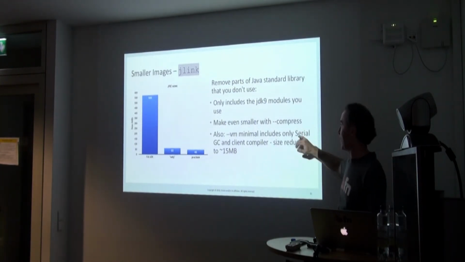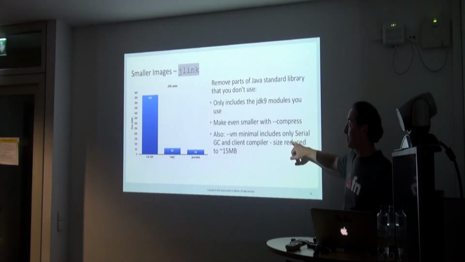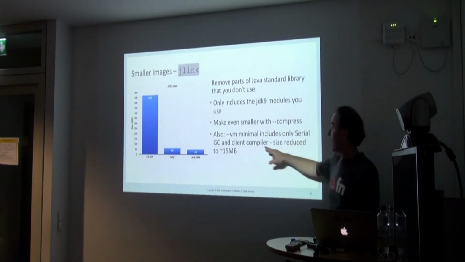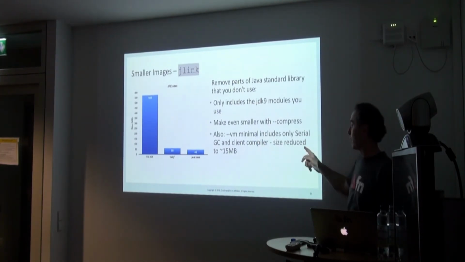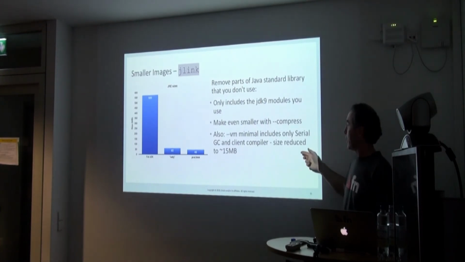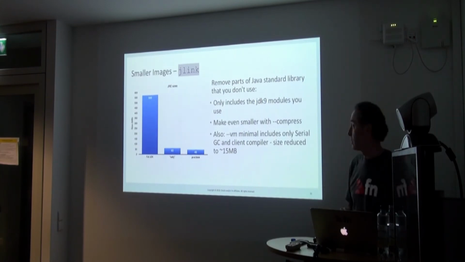I'd rather trade space for time. You can also strip down the VM even smaller by kicking out extra GCs. There's one compiler, one GC in there, and something else it does too. It's a very small version of the JVM with minimal functionality. It's a use case I haven't tried out.